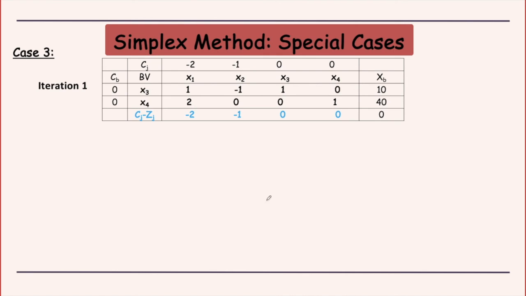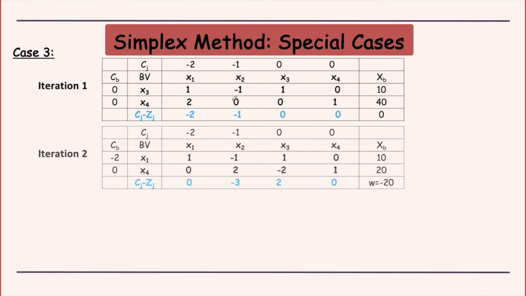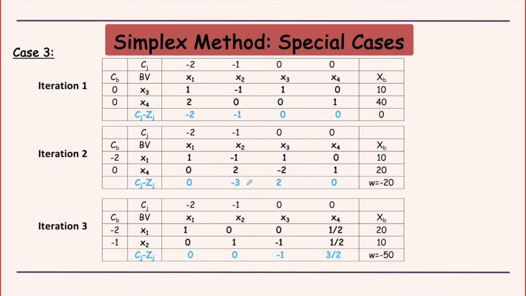So I have repeated the first table here, and then this is the second. Now again there is a Cj minus Zj which is negative, so I am going to enter this variable in the system. So x2 enters, and for the leaving criteria I just have one variable which is eligible, because this has denominator strictly positive in the ratio part, so this would leave.